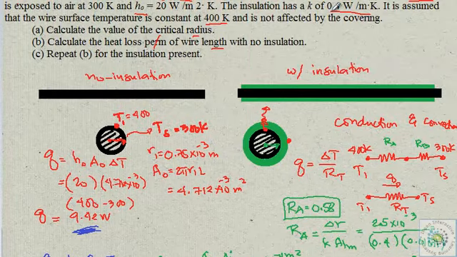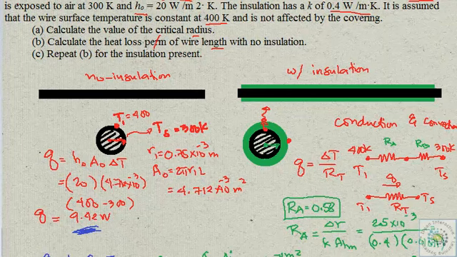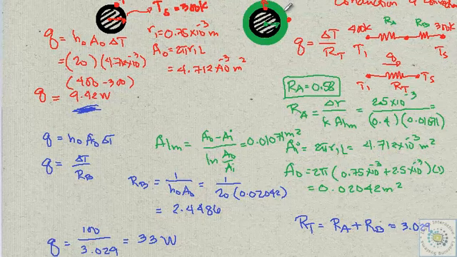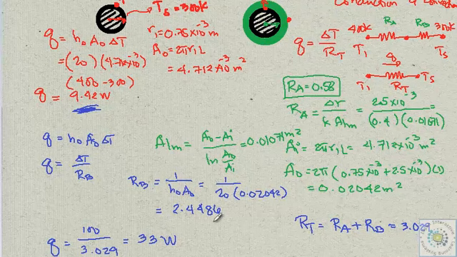The insulation only has a conductivity of 0.04. The thing is, even if you add more resistance, the area exposed to convective heat transfer increases, and the convective heat transfer coefficient is quite low, only 20.